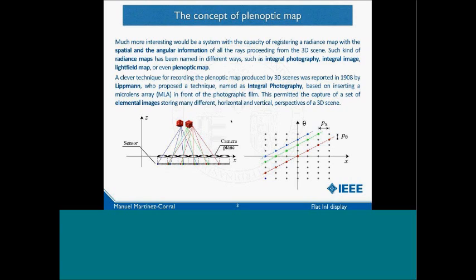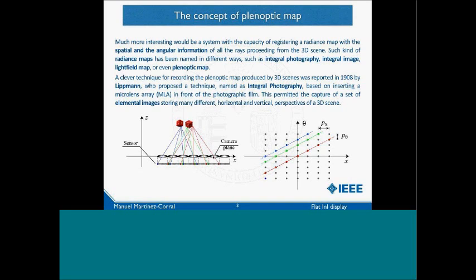The first and a very clever way of recording the plenoptic map produced by 3D scenes was reported more than one century ago by Lippmann, who proposed something like the scheme I'm showing here. He proposed integral photography, which is based on inserting a microlens array in front of a photographic film.